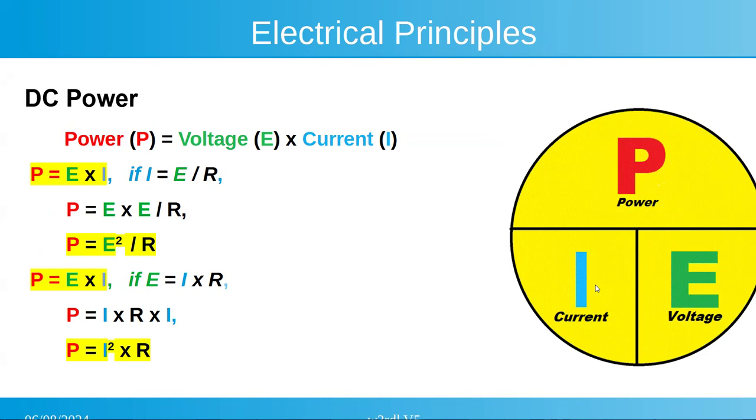Same deal: put your finger over the parameter you're trying to solve for. So power is equal to current times voltage, or current is equal to power divided by voltage, or voltage is equal to power divided by current.